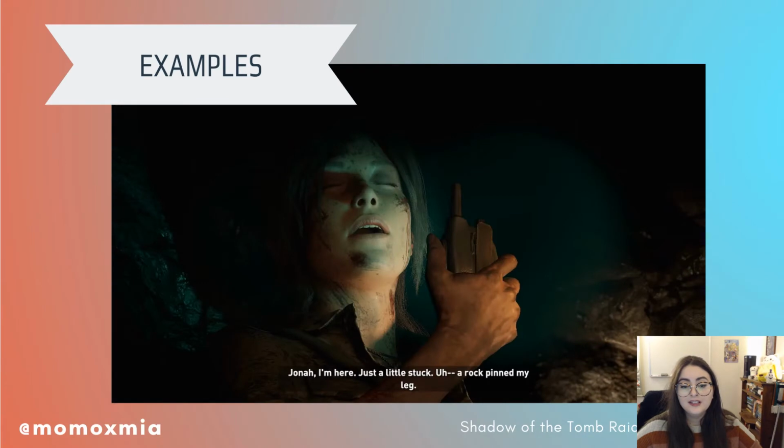From here, another example, the one I was trying to mention earlier, from Shadow of the Tomb Raider. The text perfectly contrasts. It's easy to read. It's legible. It's large. It's white. It's thick. It's great. However, we have an unnatural line break here where it says, "Jonah, I'm here. Just a little stuck. A rock pinned my entire leg."